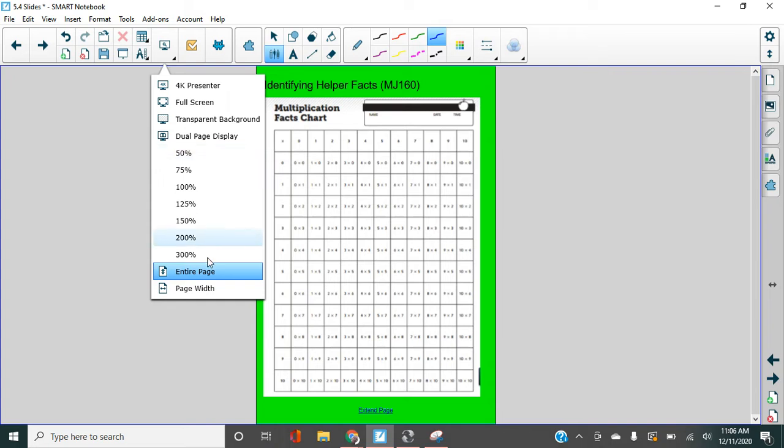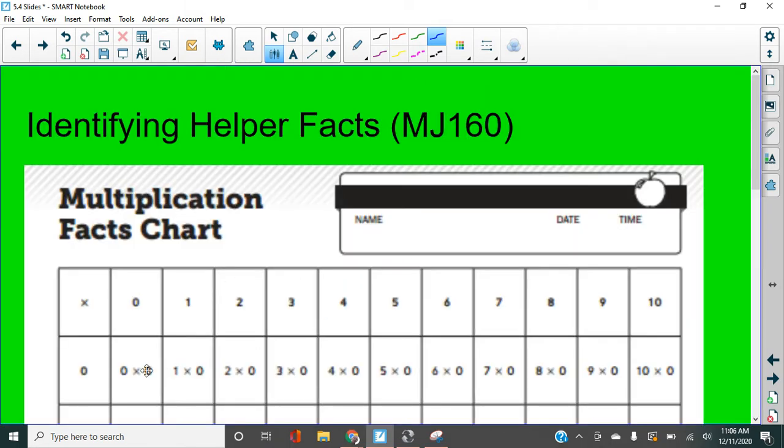Okay? All right, so let's look at here at the 0 line, right? The zeros. Anything times 0 equals 0. Remember that, right? Because that means 0 times 7 means 0 groups of 7. Well, if you have no groups, you have nothing. So this one's 0, 0, 0, 0, 0, 0, 0.